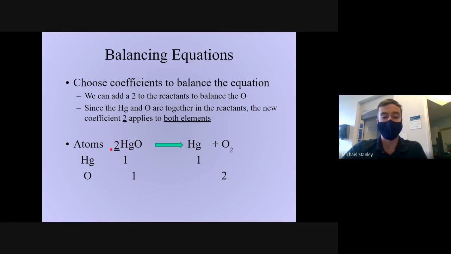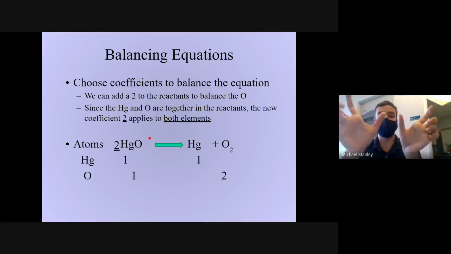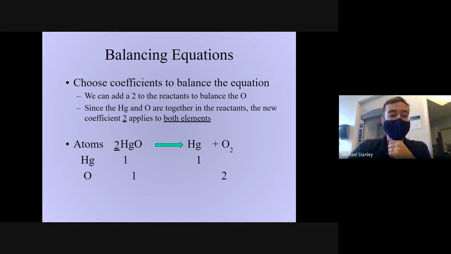Make the coefficient over here a 2. Now we have two HgO compounds. There's one HgO and two HgO that we just added. The cool thing about the coefficient is that it applies to both atoms in the compound. Since the Hg and the O are bonded together, since they're a compound together, this 2 goes to this Hg as well as to this O.